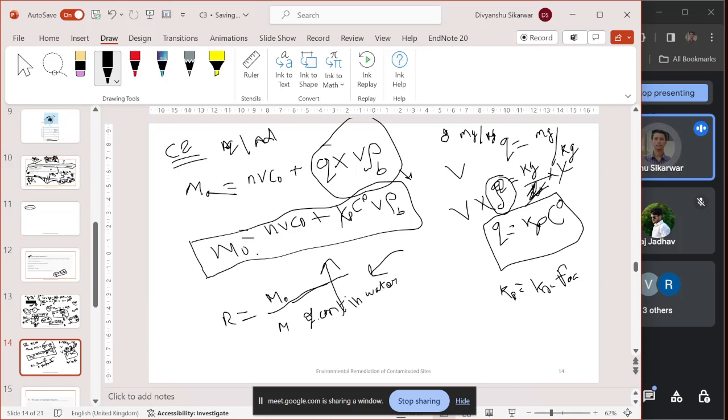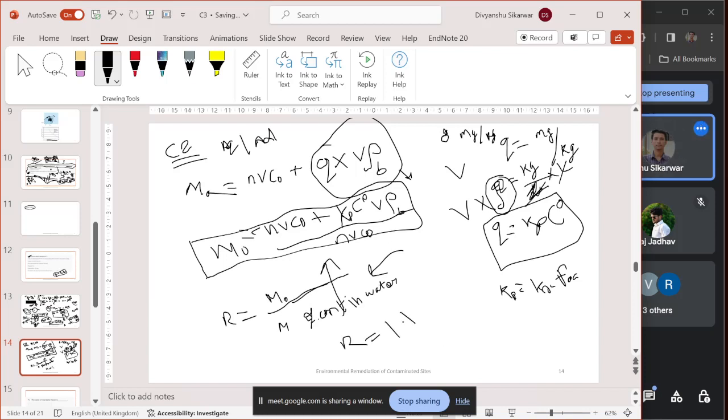So if we divide this m naught by the mass of contaminant in water, the mass of contaminant in water will be NVC naught. So in the R value, this will cancel out.